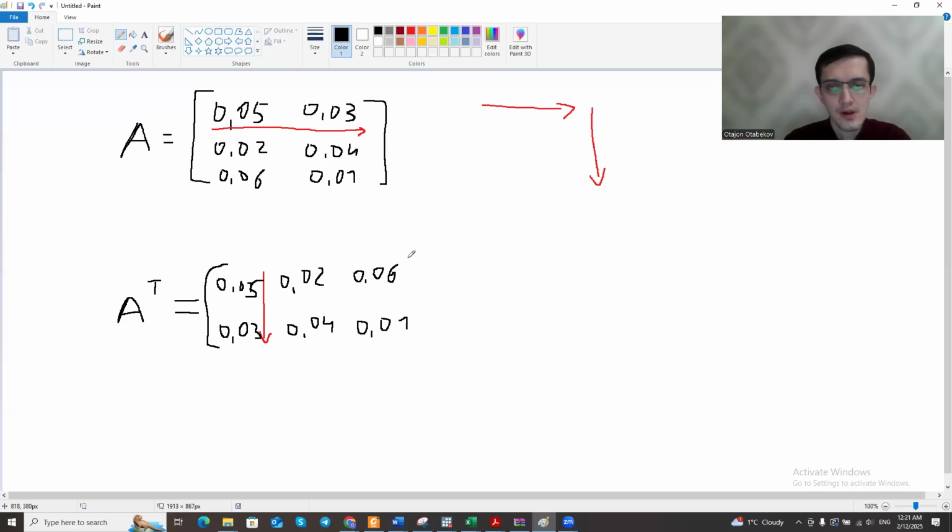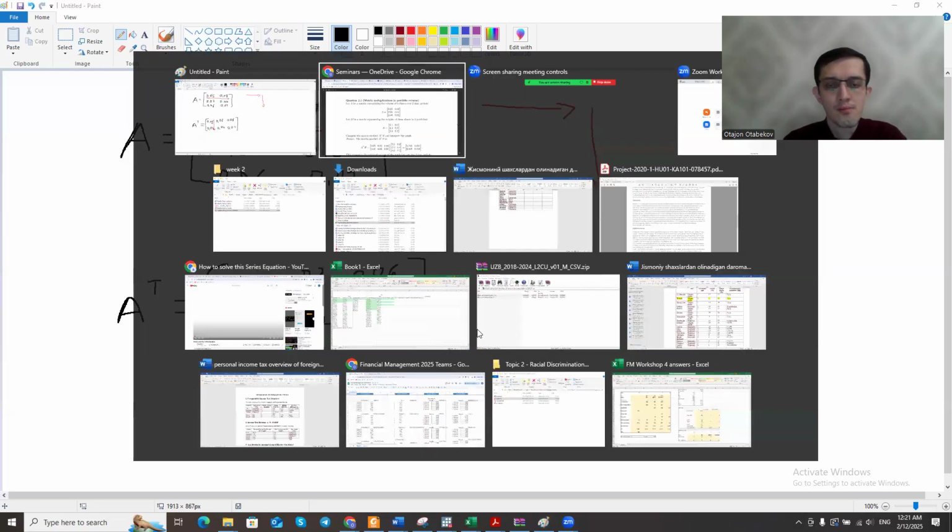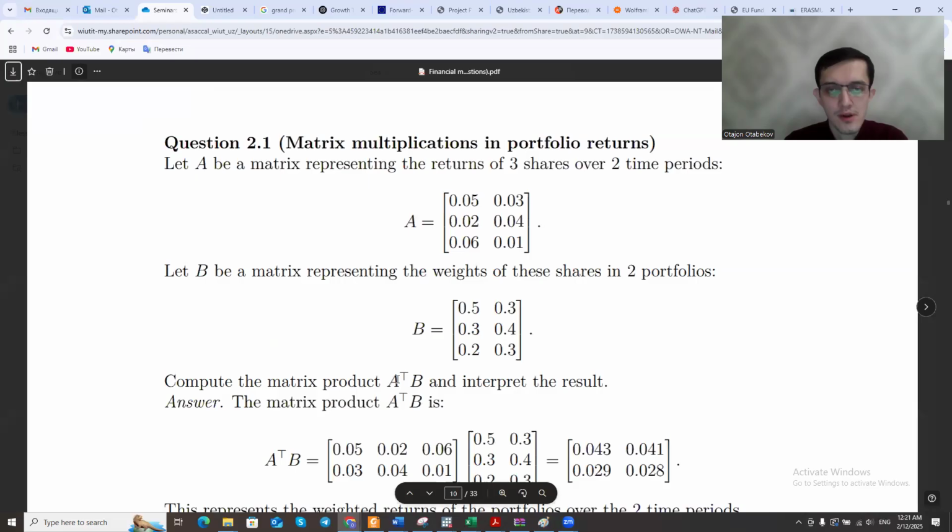Then, according to the question, they are asking to multiply the transpose of A by B. Here, they are saying A transpose needs to be multiplied by B, since they are asking for the product. Product means the multiplication of them. Now let's copy the matrix B next to the A transpose that we found.